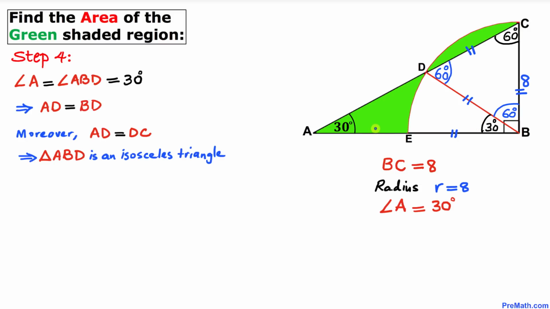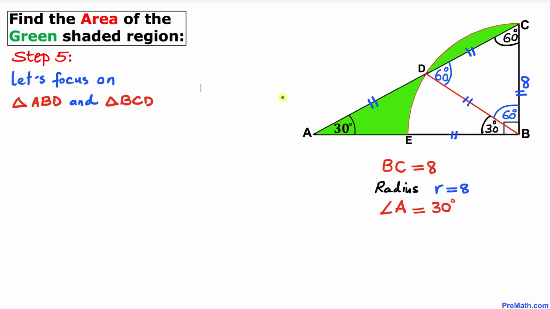Therefore, we conclude that triangle ABD is an isosceles triangle. So side length AD and side length BD are equal. Moreover, side length AD equals side length DC.